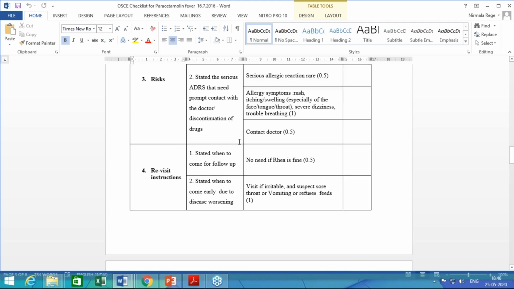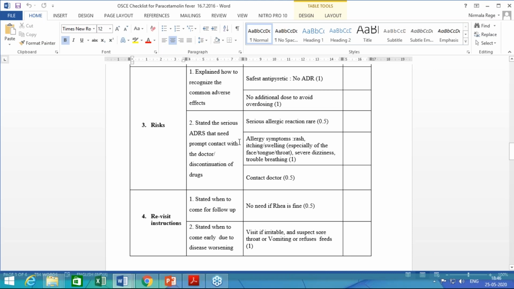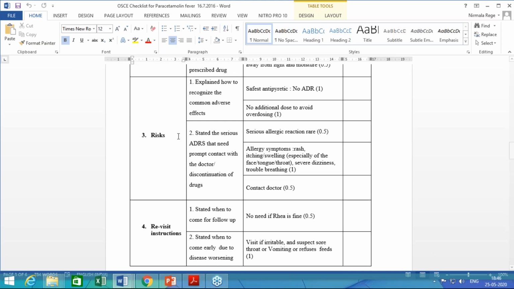For example, for paracetamol, hardly any adverse effects they have to justify to the mother. It may sometimes be an allergic reaction. Even hepatotoxicity doesn't occur with 1 or 2 doses of paracetamol. They have to give the caution about not overdosing, and they have to mention that it is the safest antipyretic drug.